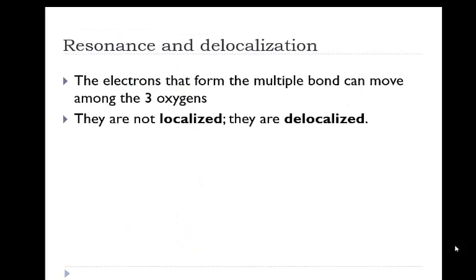The electrons in what we've written as two double bonds can actually move between all three oxygens. They're delocalized. Localized means something is stuck in one place. So the electrons would be stuck between the two oxygens, and with a single bond, we consider the electrons to be localized.